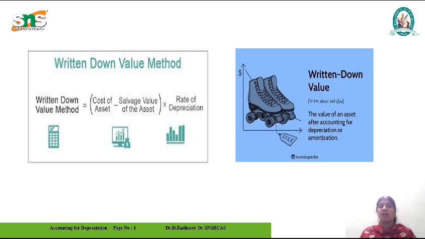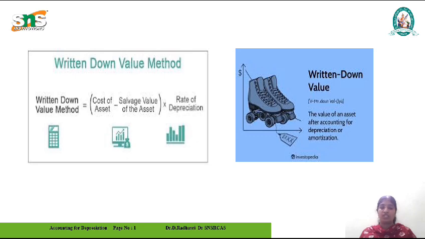Then in the third year, the value is 81,000. This is the category of the reducing balance method. In the first year, the machinery was purchased for 1 lakh and the depreciation was deducted, so it becomes 90,000 in the second year and is carried into the third year. This is the value of the machinery under the reducing balance method.